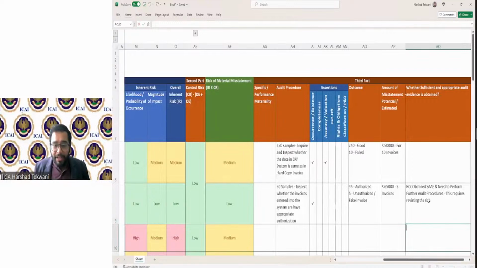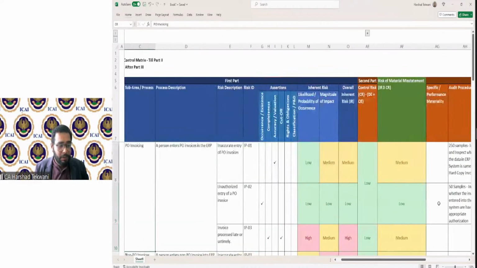After performing the substantive testing, part three, I am going back again to part one, that is risk assessment. I am going back because I identified something which has forced me to check whether the risk assessment I did at the start is accurate.